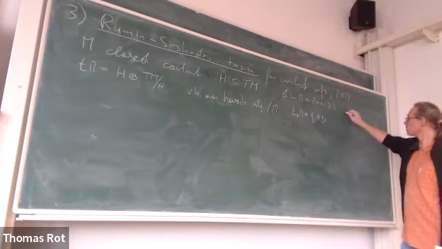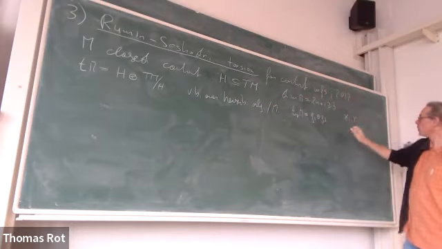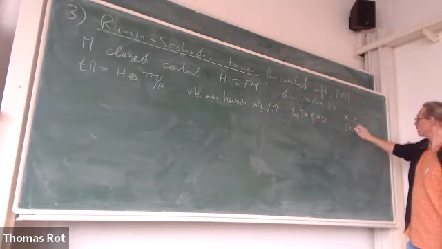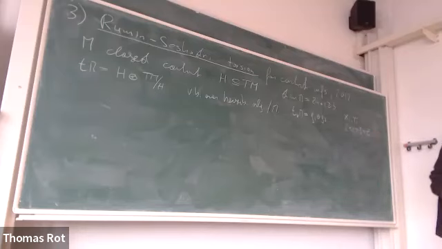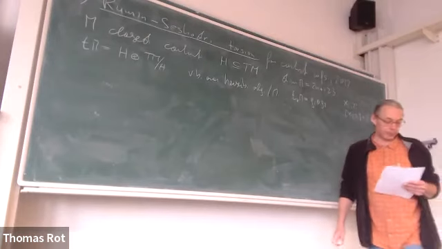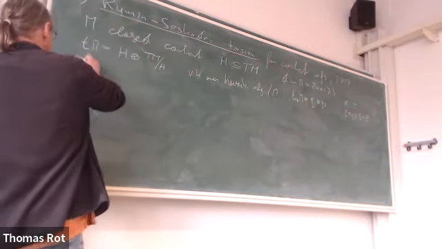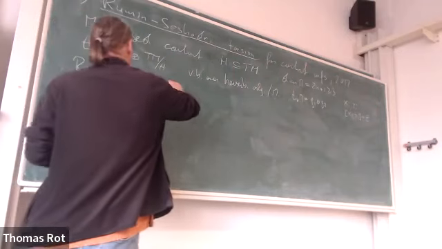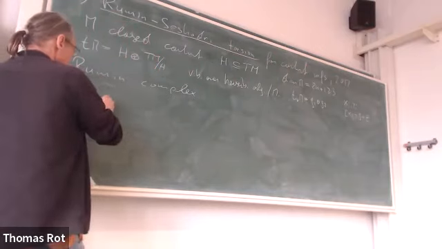And if you have bases x_i and y_i in g1, and the brackets of x_i and y_i give the generator of g2. And we can look at Rumin's complex. Rumin's complex is a complex of differential operators.